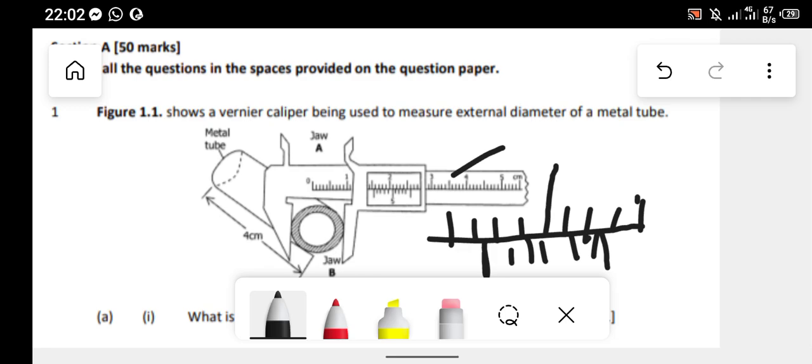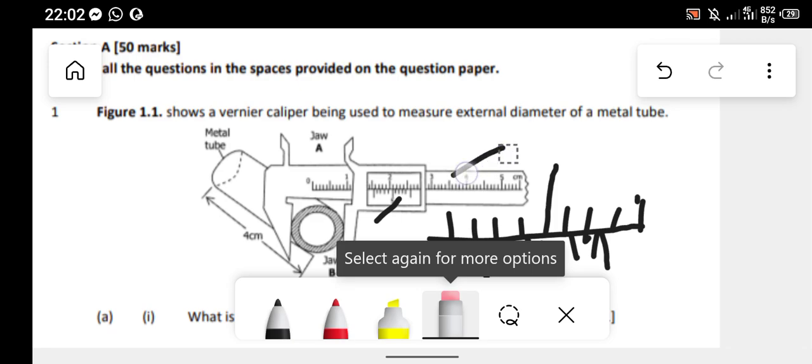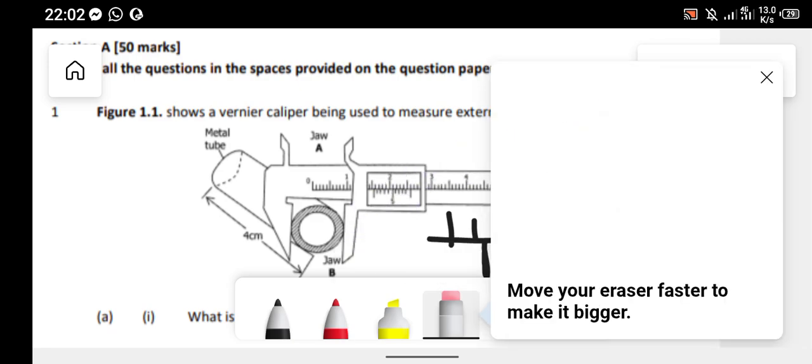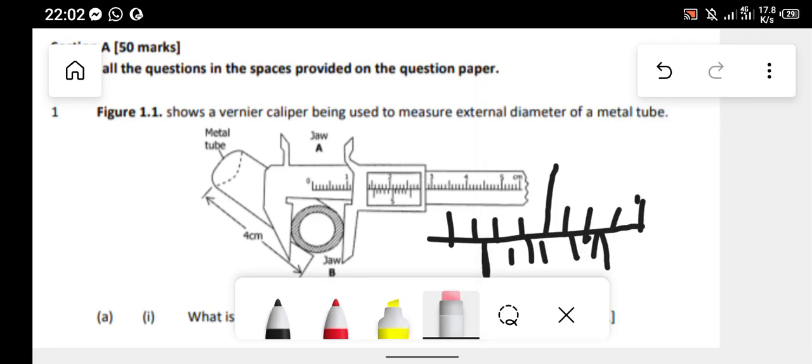Then the one at the bottom, where there's a 5, we call our vernier scale. In order for you to read the vernier calipers, you need to look at both scales, the main scale and the vernier scale.